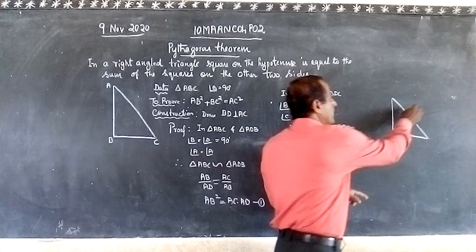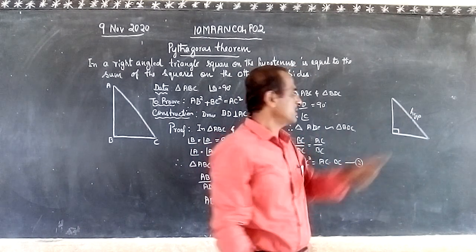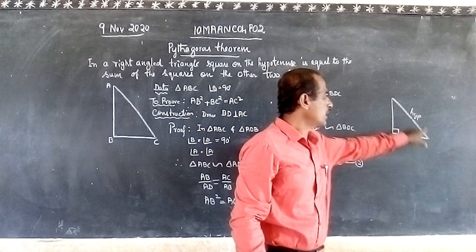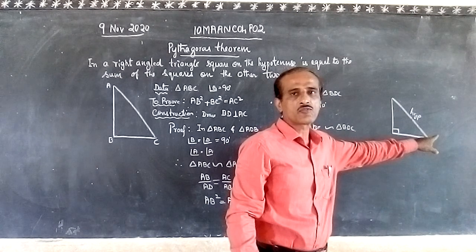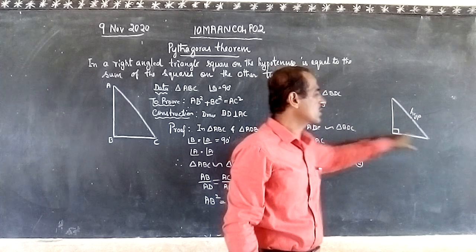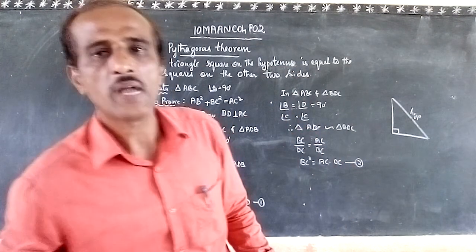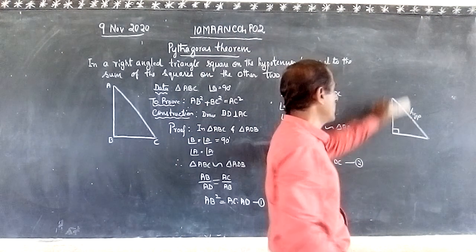That is called the hypotenuse. In a right angled triangle, the square on the hypotenuse is equal to the sum of the squares on the other two sides. That is what Pythagoras theorem says. That theorem we have to prove today.